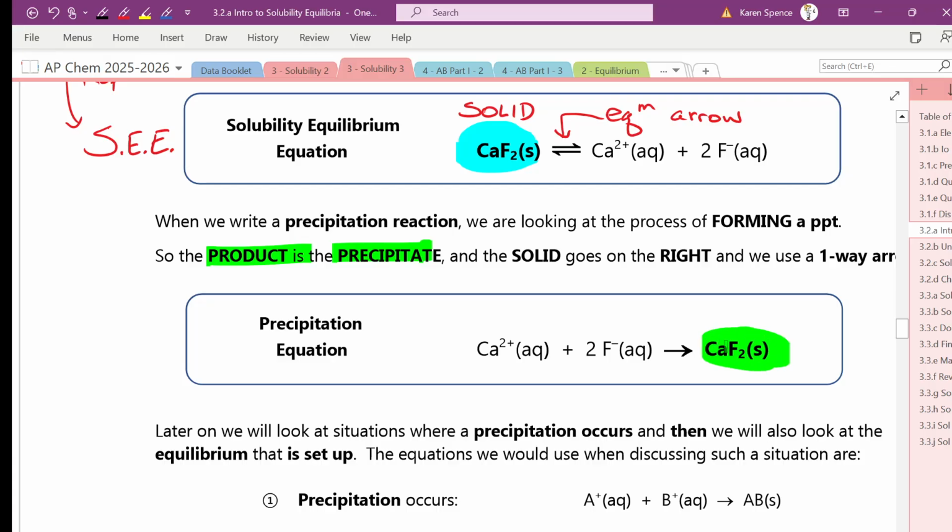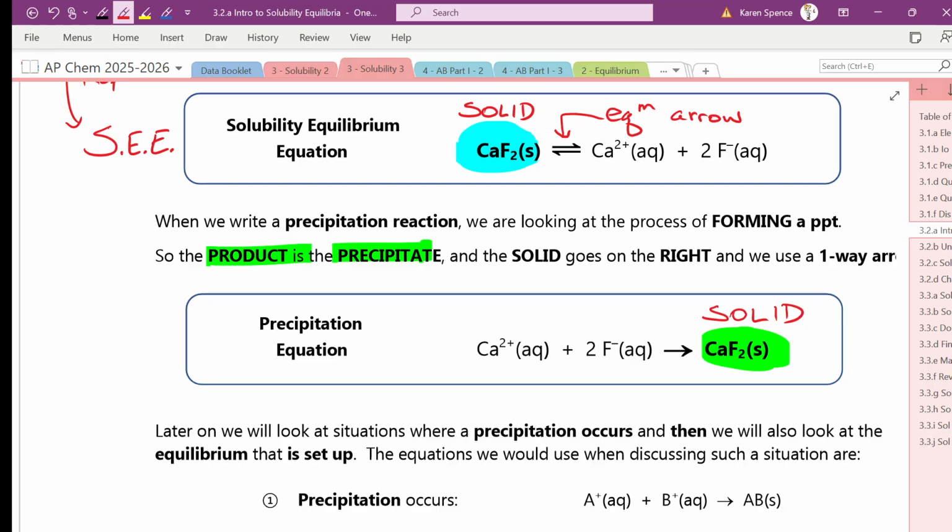So here we have our solid on the right, and most of the time we're not really concerned at all about the equilibrium that it forms with a few little ions. The vast majority of the ions come together and form a precipitate. Do we care that a little teeny tiny amount is still dissolving? Not usually.